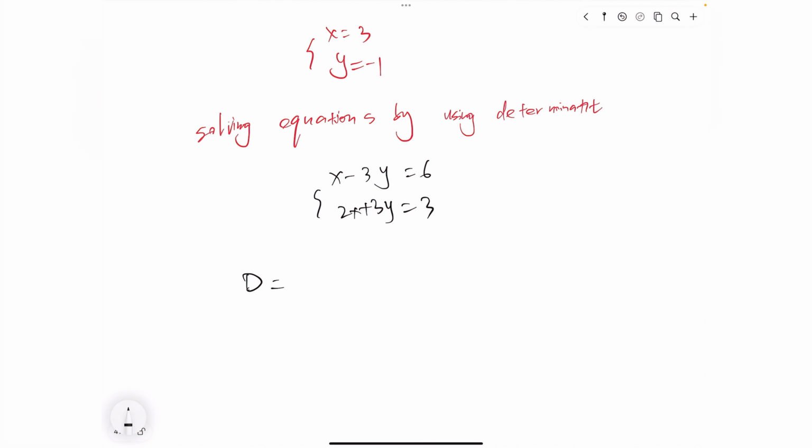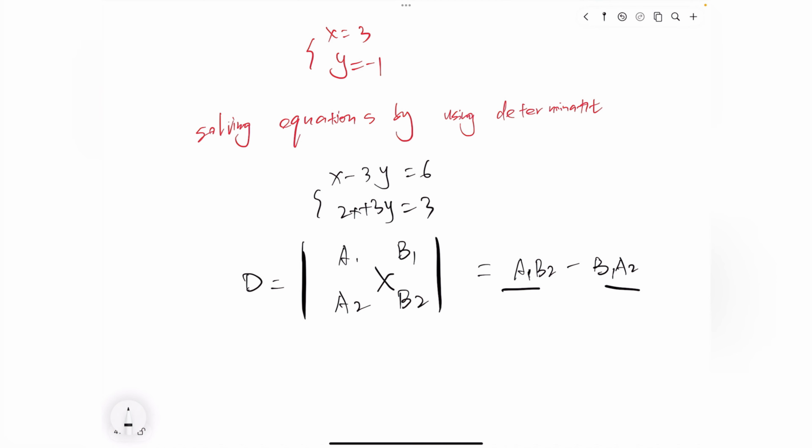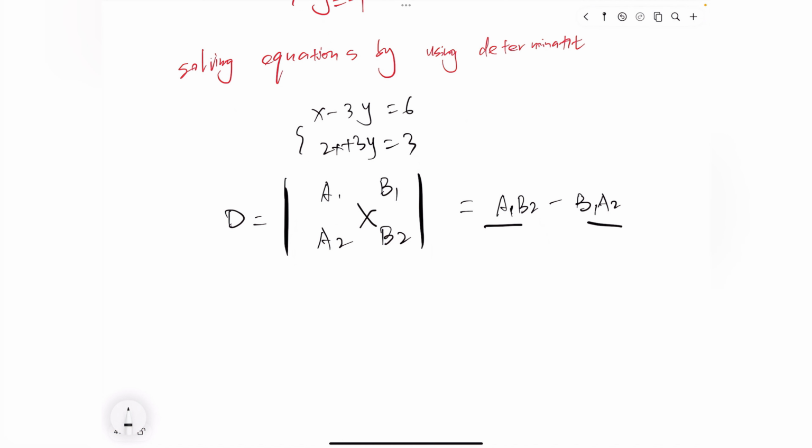Determinant means this is a 2D determinant, a1, b1, a2, b2. And it's a number. It's a1 b2 minus b1 a2. It's cross products and then subtraction. So how we use this to solve a linear equation is: x equals, we replace the x coefficient with c1, c2, which is 6 and 3, and -3, 3. On the bottom, it's 1, 2, -3, 3.